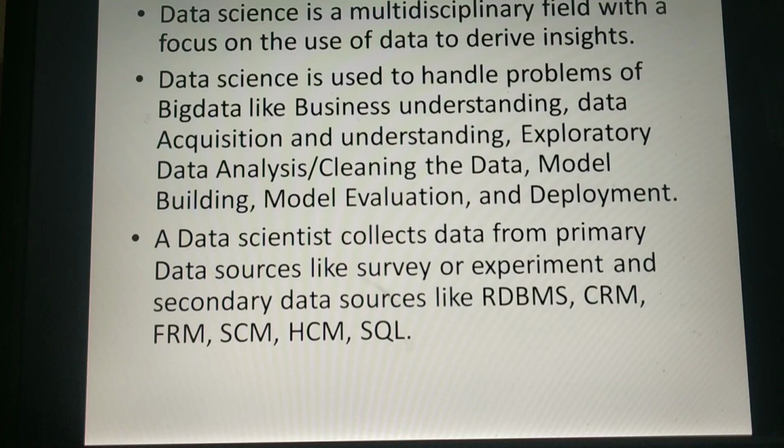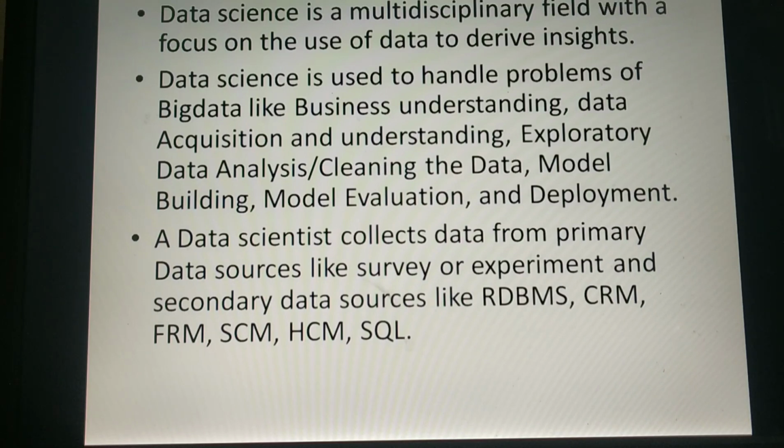Big data means a huge volume of data. It has an enormous amount of data. The problems include business understanding, data acquisition and understanding, exploratory data analysis, cleaning the data, model building, model evaluation, and deployment.